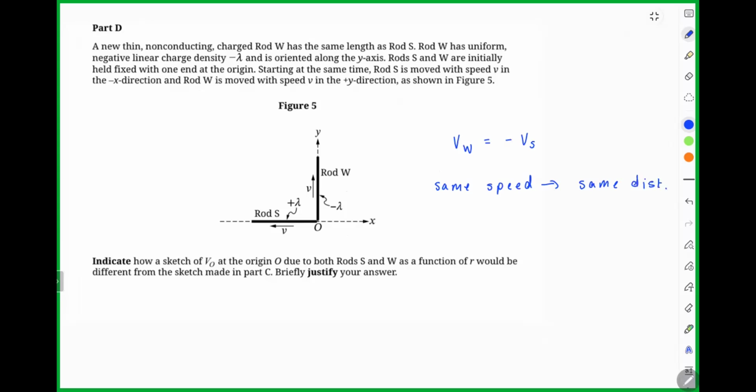And so for that reason, our total V naught, which is equal to VW plus VS, will be 0 no matter the distance of both rods from the origin. And so what we would have is just a flat line along the x-axis. And with that, we finished up problem 2.